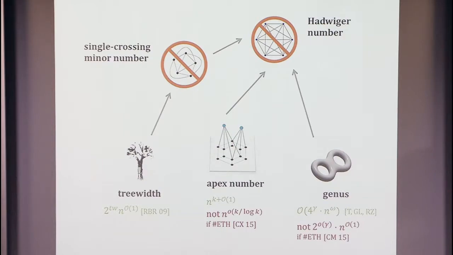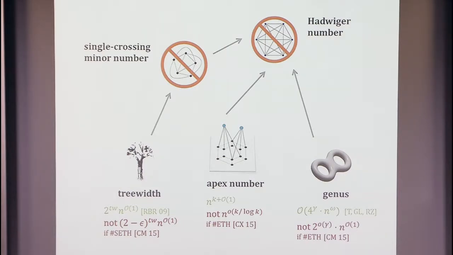Then considering tree width, there is an algorithm that runs in time 2 to the tree width by working on the tree decomposition and doing dynamic programming with some extra trick. So this is a non-trivial algorithm. And we could show that there is no 2 minus epsilon to the tree width algorithm unless the counting version of the strong exponential time hypothesis fails.